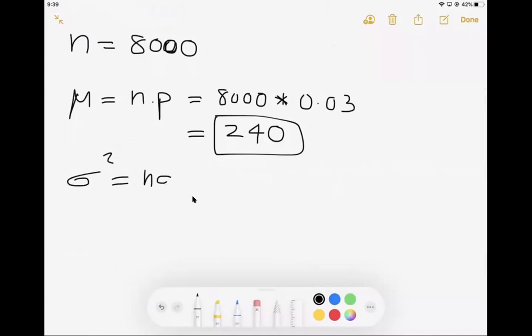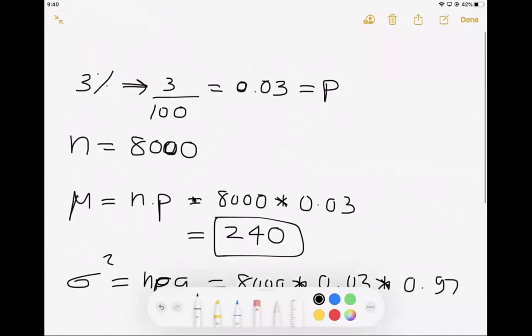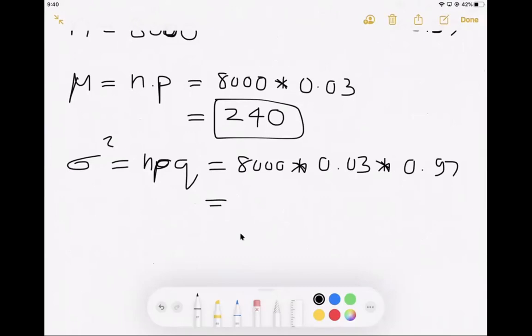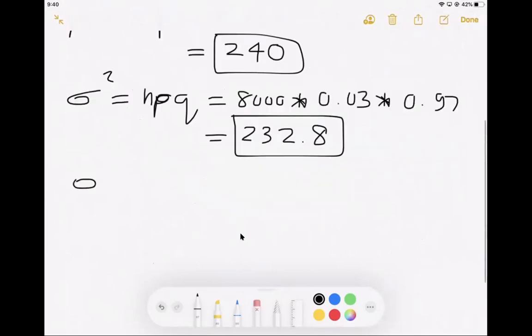Next is the variance. It's n times p times q. n is 8,000, p is 0.03. Then how can we find q? q is 1 minus p, 1 minus 0.03, so it's 0.97. Now we have these three values. So what is the answer? 232.8. This is the variance. Then how can we find the standard deviation?